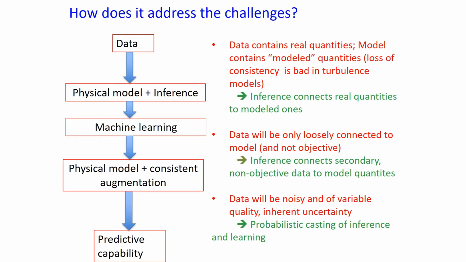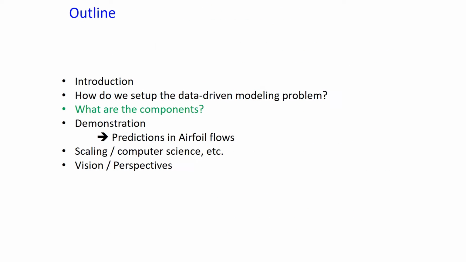We use the inverse problem to connect the discrepancy to the available data, in whatever form it is, as long as it's informative, of course. So the inference process buys us that conversion of sparse data into larger fields. And then we can handle noise and other things if we are in the probabilistic setting.